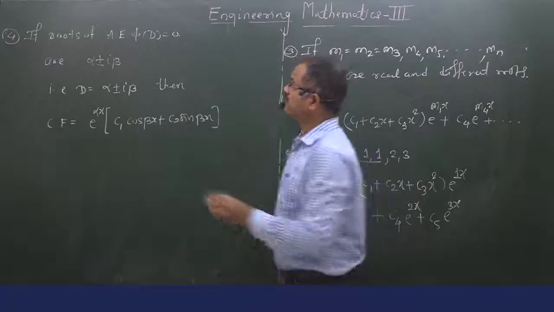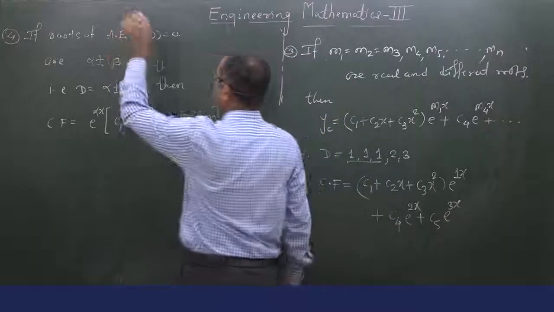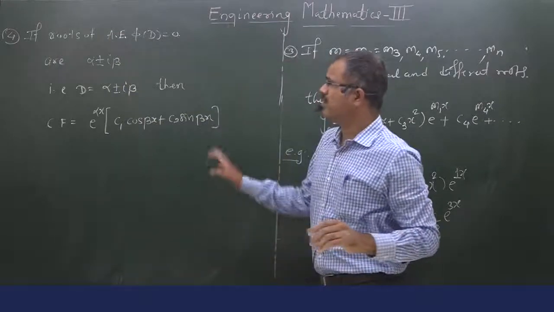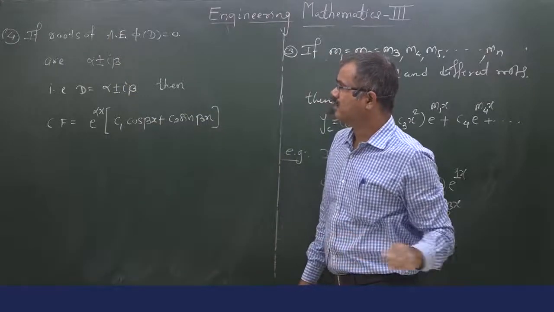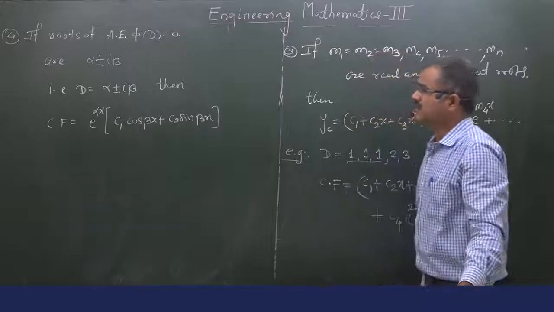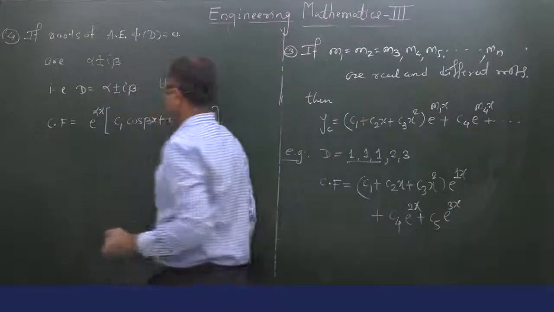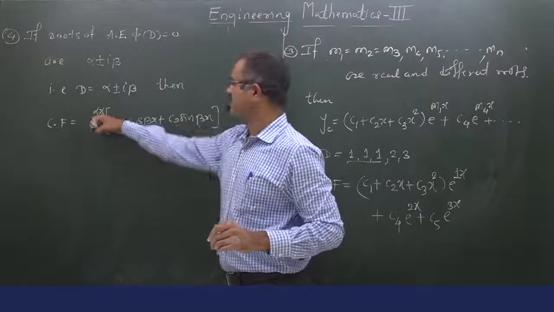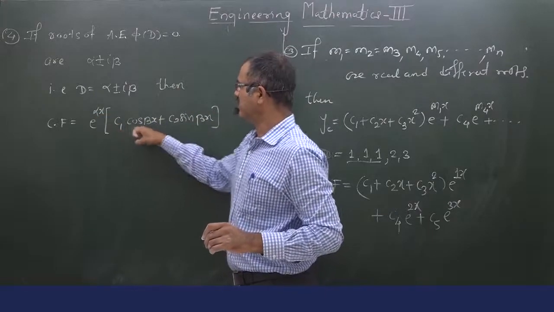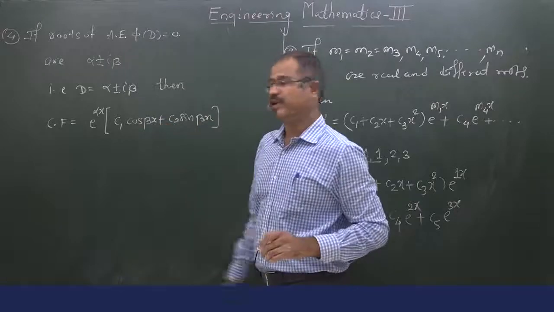The roots of the auxiliary equation phi of D equal to 0 are complex, D is equal to alpha plus minus i beta. Then the complementary function is e to the power of the real part, alpha x, into (c1 cos beta x plus c2 sin beta x).